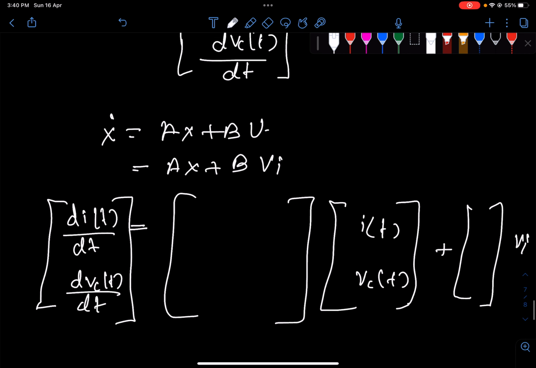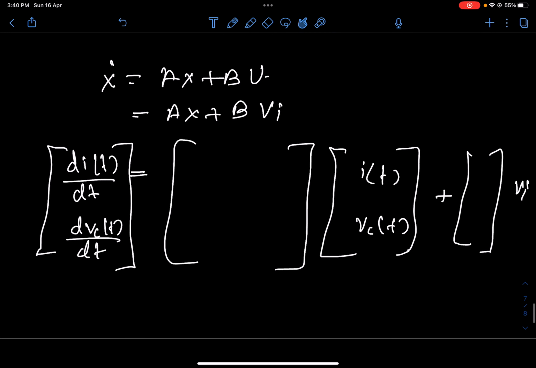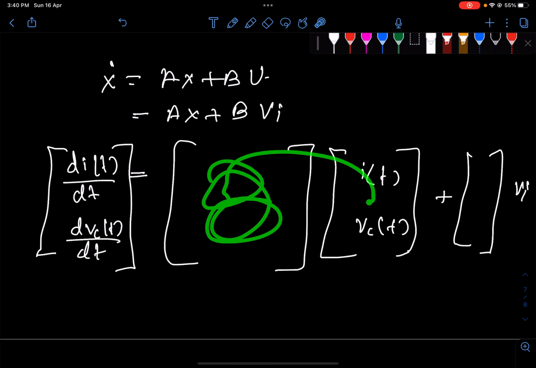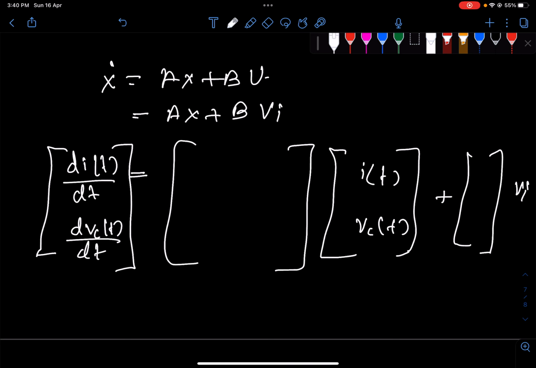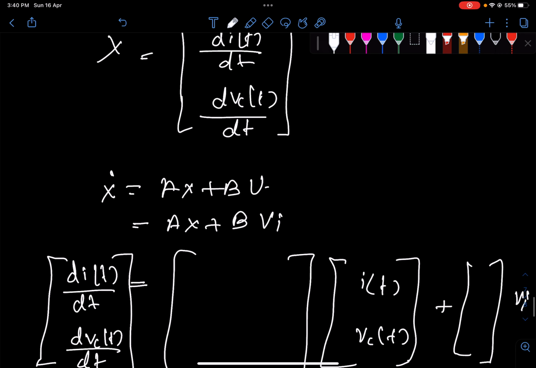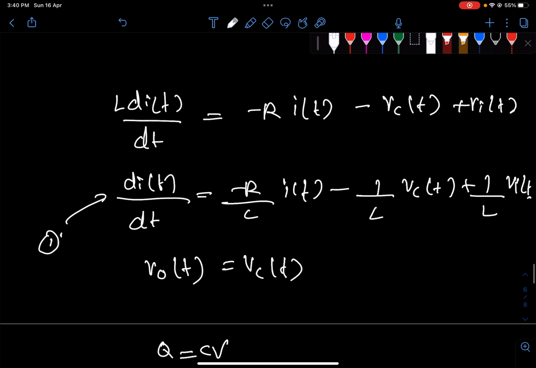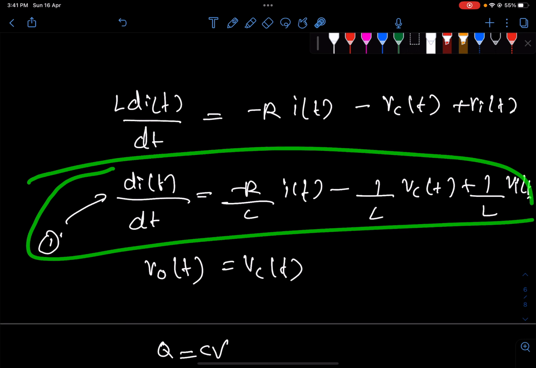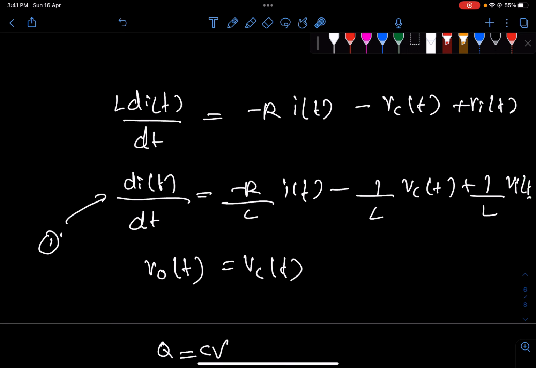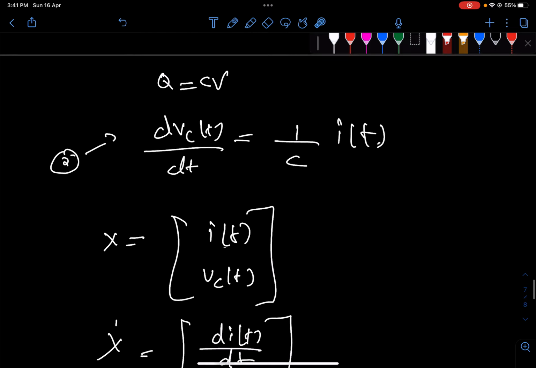So the first row, di by dt, is equal to something, and when you multiply with the input you get the output. What is the derivative of I? According to the first equation, di by dt is equal to minus R by L I of t minus 1 by L Vc of t plus 1 by L Vi of t.